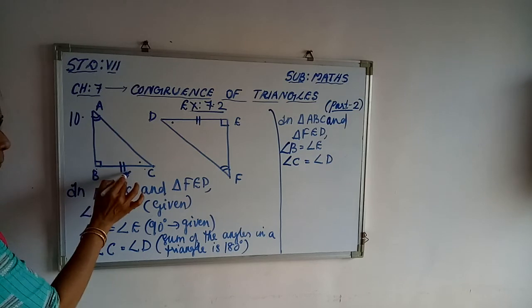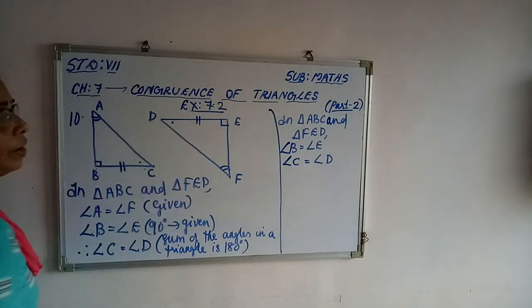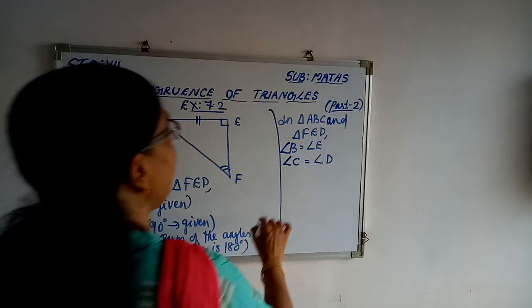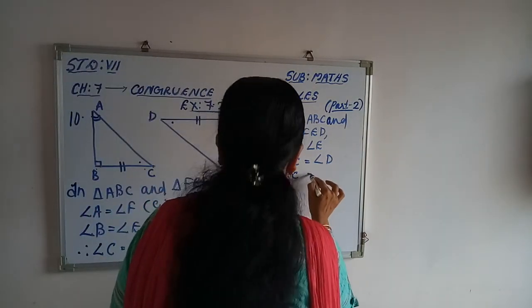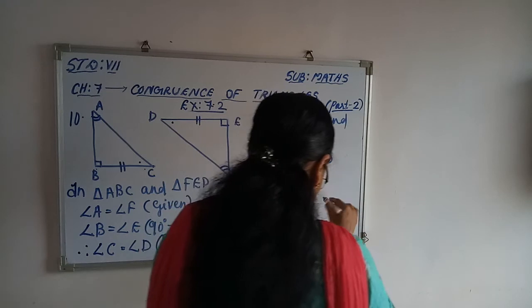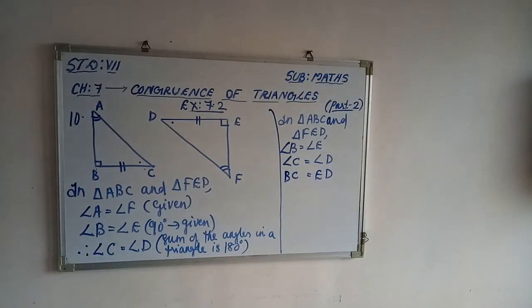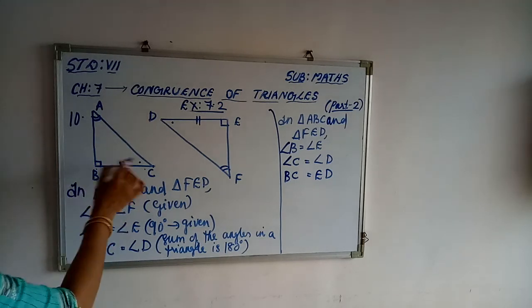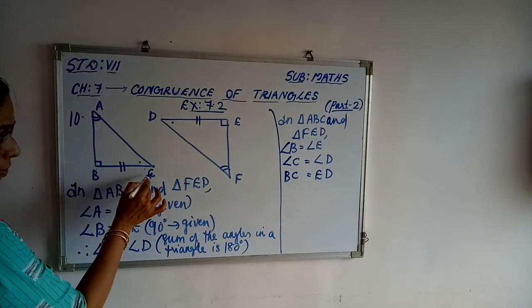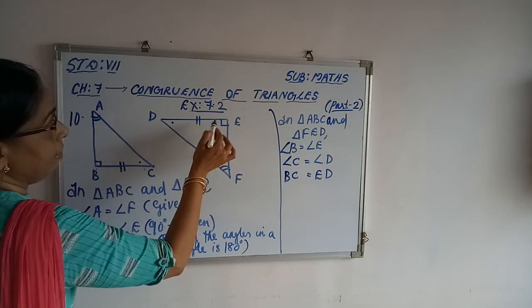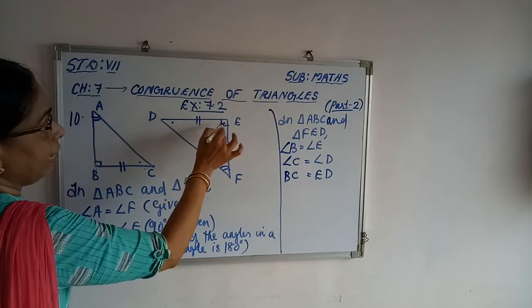BC, that of triangle ABC, and DE, that of triangle FED. Now we can write BC is equal to ED. That is the included side. BC is the included side of angle B and angle C, and ED is that of angle D and angle E.